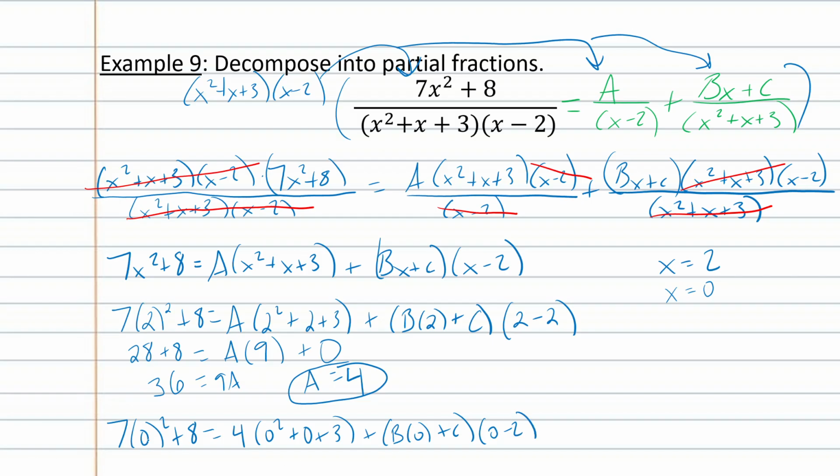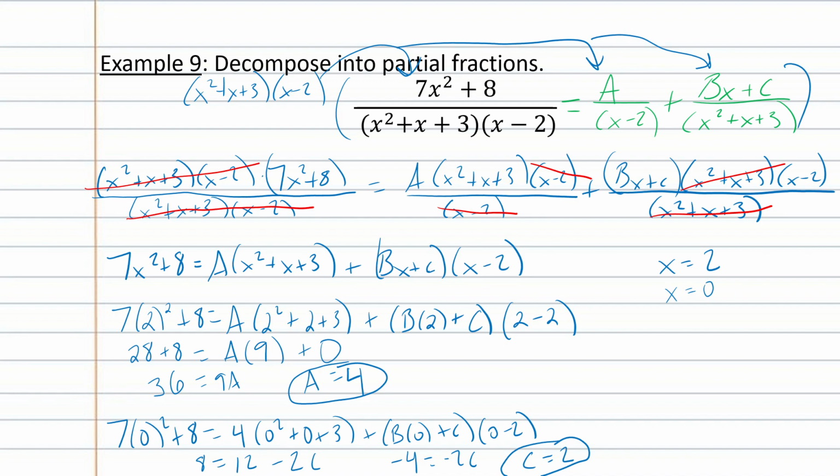All right. 7 times 0 squared is 0, which leaves you with just the 8 on the left-hand side. 0 squared plus 0 plus 3 gives you 3. 3 times 4 is 12. B times 0 is 0. 0 minus 2 is minus 2. So here I'm just left with 12 minus 2c. If I subtract the 12 over to the left-hand side, that's going to give me negative 4 equals negative 2c. And then if I divide by negative 2, that's going to tell me that c just equals 2. So I have successfully solved for my a and my c.